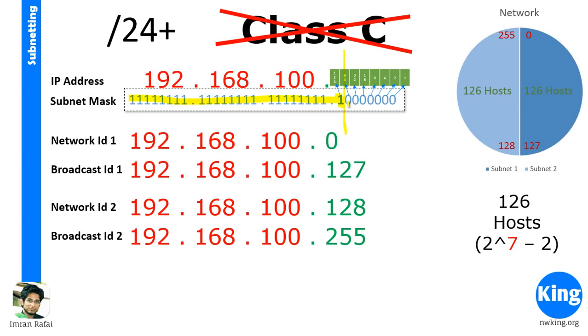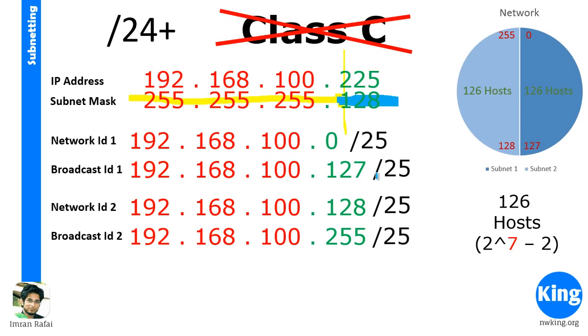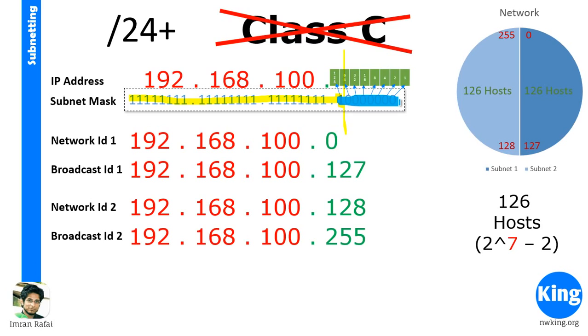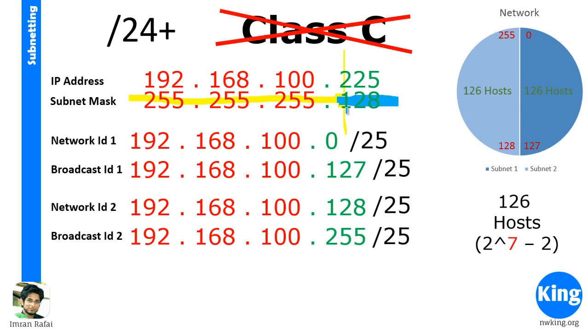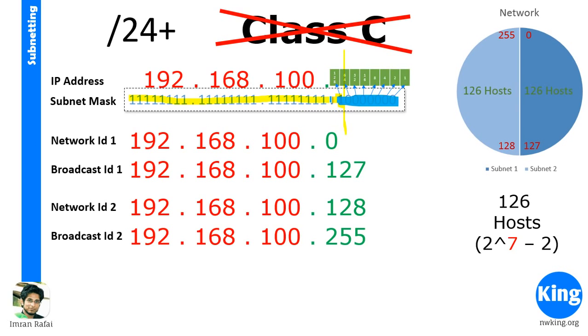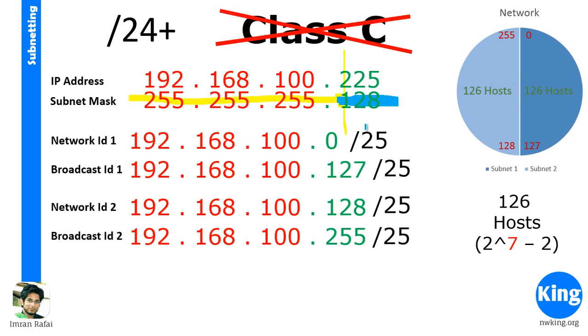Now the new subnet mask, because we borrowed one bit, has a fourth octet of 128, because 10000000 is 128 in decimal. And because we now have 25 bits in the network, these addresses are going to be /25 addresses. That is nothing but subnetting, and it's very easy.